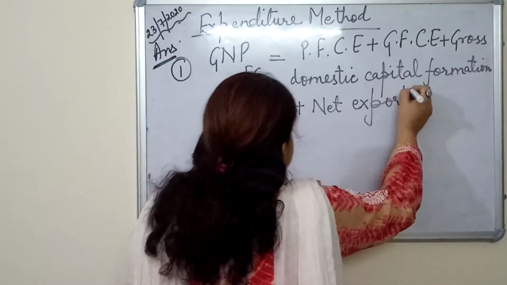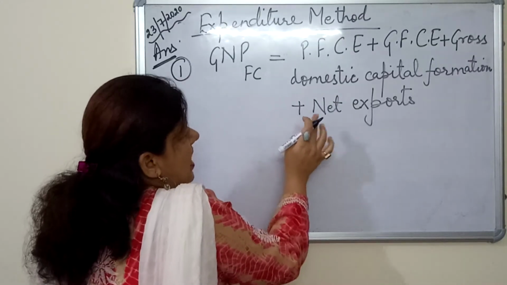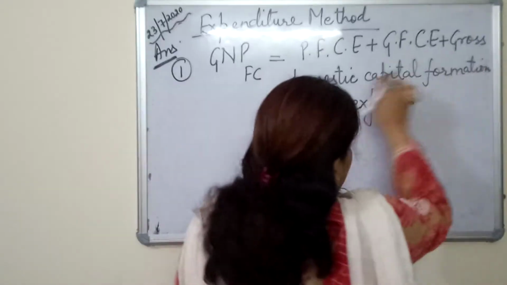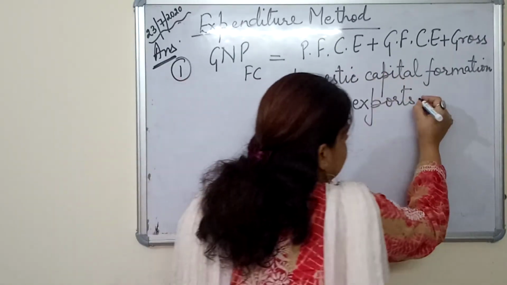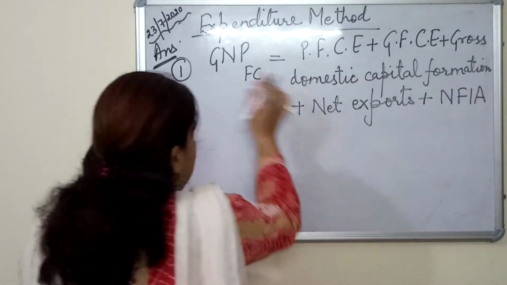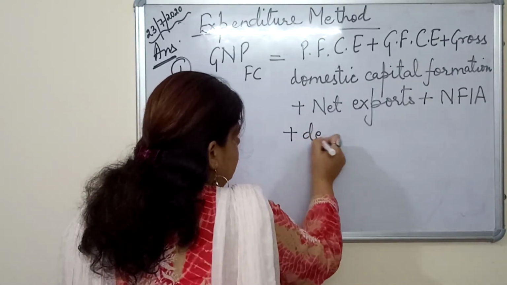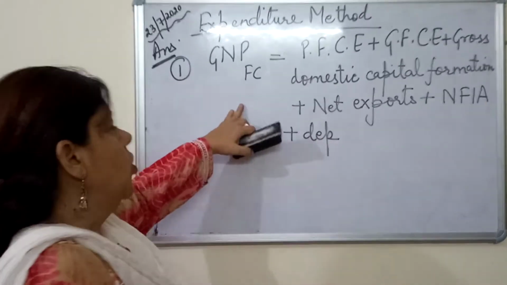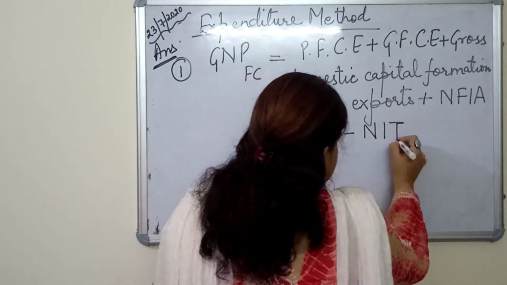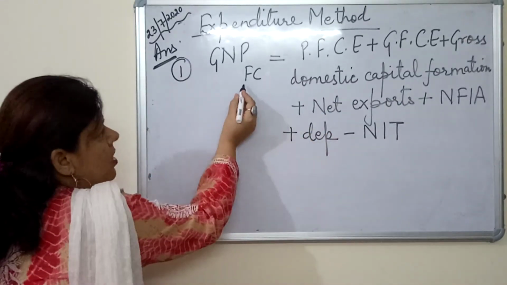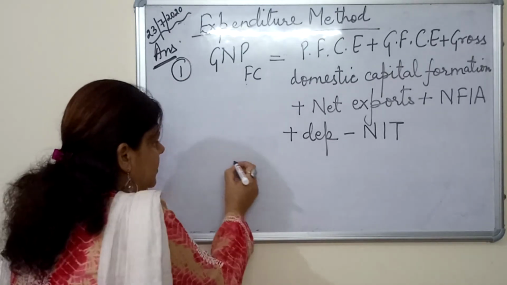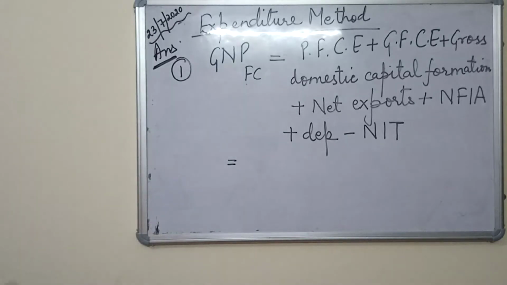This gives GDP at market price. Then we add the NFIA to convert it into national. Again we add the depreciation to convert it into gross, but we deduct the NIT because this is at market price and we want to calculate it at factor cost. So this is the formula. Now let's see what is given in the question.